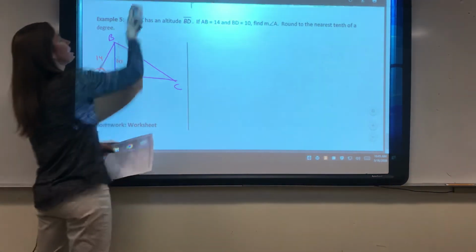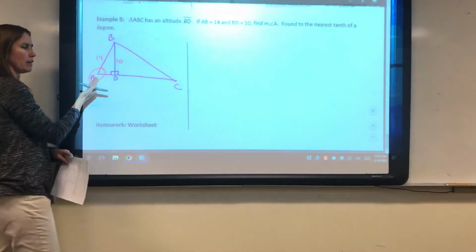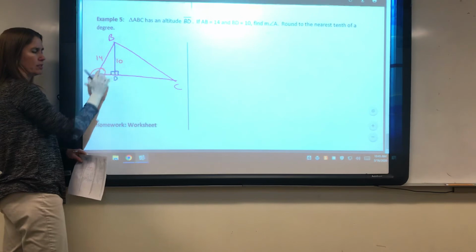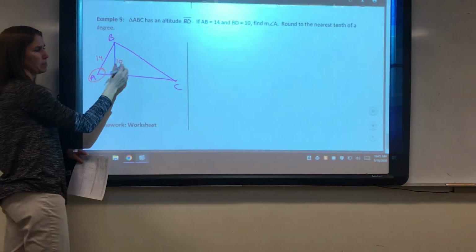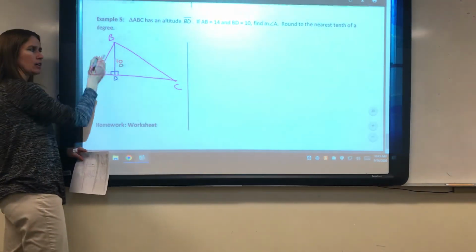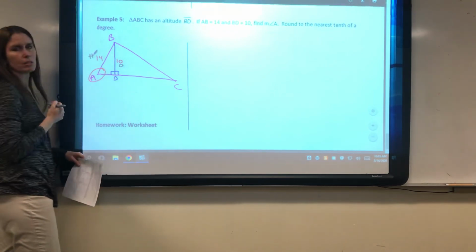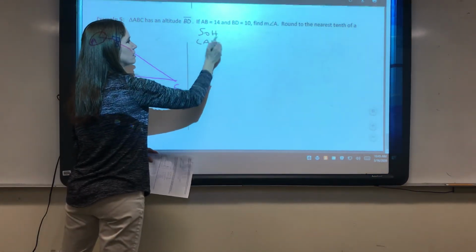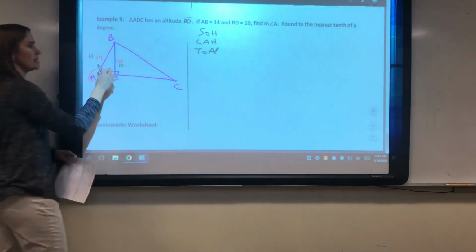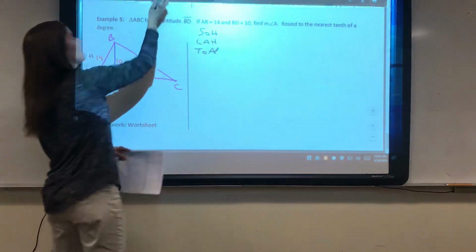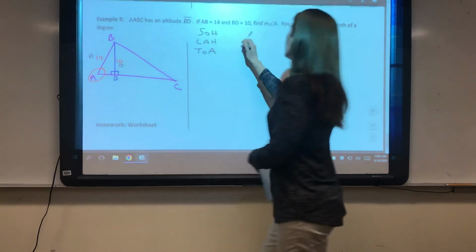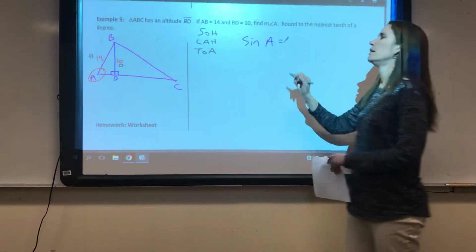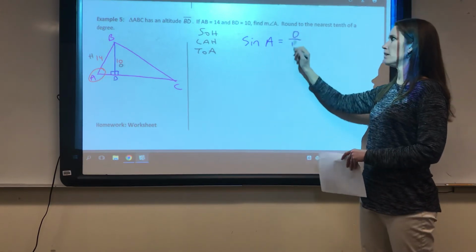So again, same idea, if I'm trying to find angle A, then here's a right triangle, so I can kind of block out everything else. Dealing with this right triangle, I've got the opposite leg, and I've got across the right angle the hypotenuse. So again, if I look at my SOHCAHTOA, I can see that O and H, I'm dealing with sine. So sine of the angle, which in this case is A, is opposite over hypotenuse.